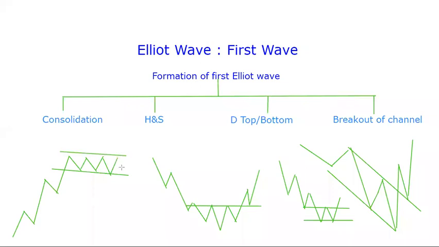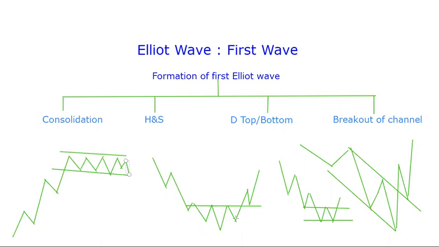Say even if you are drawing over here this way, that is not your first wave, right? That is not your first wave. The first wave has to be completely out of this channel. The first wave can never be inside this channel, right?